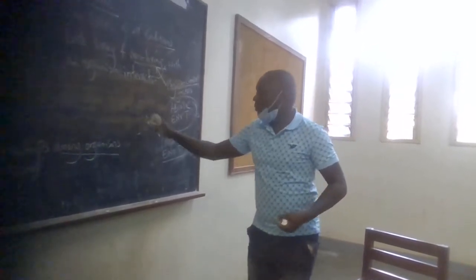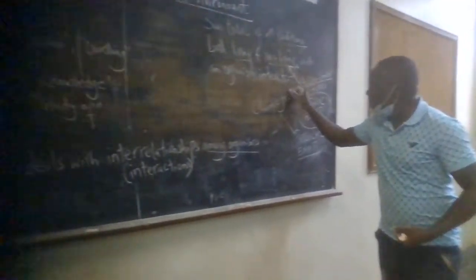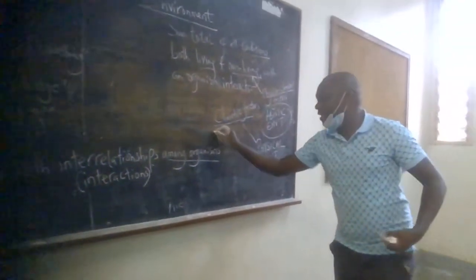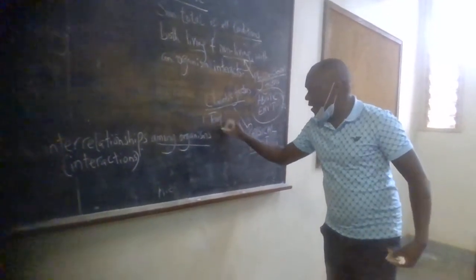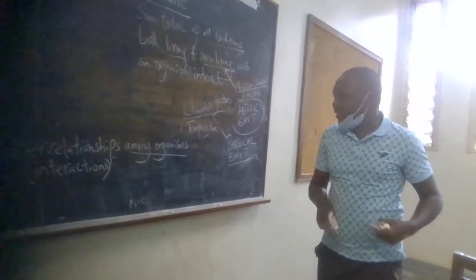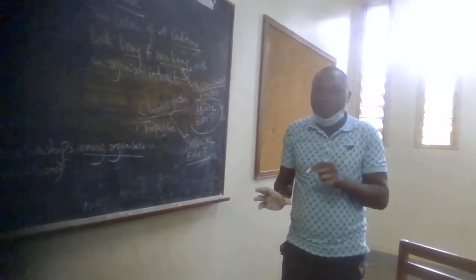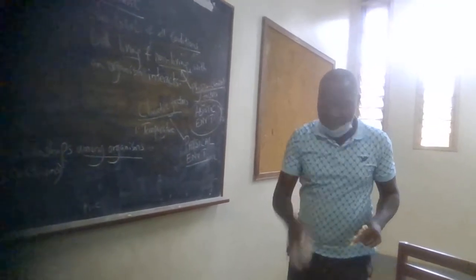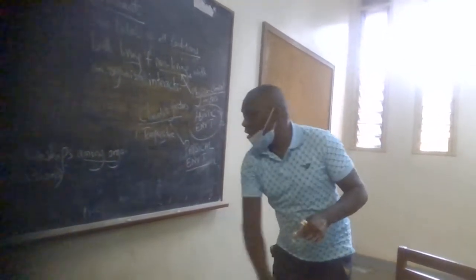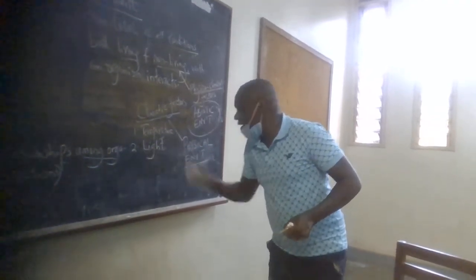In other words, we will talk about climatic factors here. And we say that climatic factors, one is temperature. And when we are looking at these factors, it should not only be looked at with respect to animals, but also to plants. Are we there? Light.